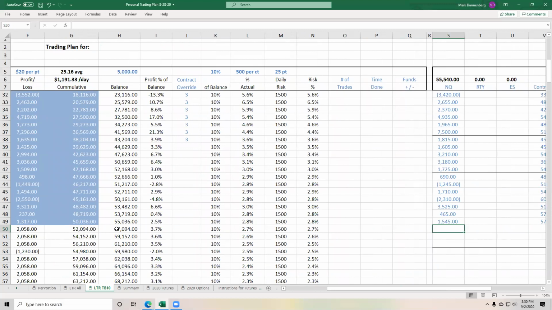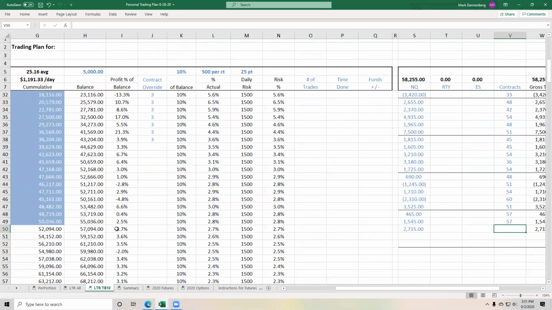So we started down 45 times 20, started down, so to finish up 45.25 points is very strong. So at $20 a point, that's $905, and on 3 contracts, it's $2,715. That's our profit for the day.